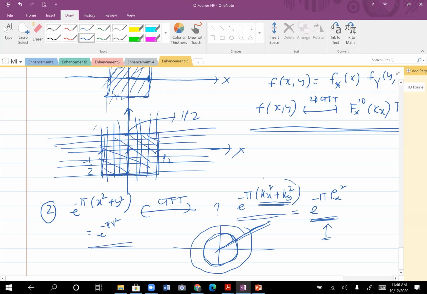See, how would this function look till here? You yourself are telling that this is the answer, correct? E power minus pi kx square plus ky square. How would that look? If I take a circle here, this is my kx, this is my ky. At all these points, kx square plus ky square is constant, right? The radius here is the root of kx square plus ky square.